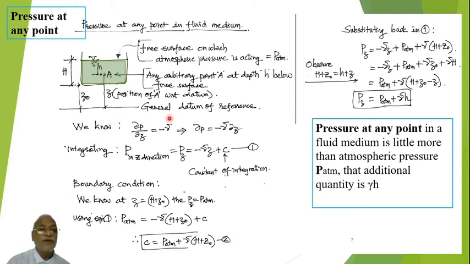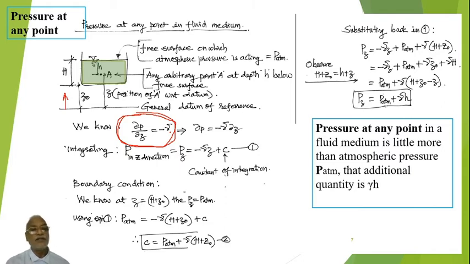Now, from the earlier discussion, we know that dou P by dou Z, that is the variation of pressure with respect to the Z direction, is minus gamma. It means as you go up vertically, there will be a fall of pressure at a rate of gamma.